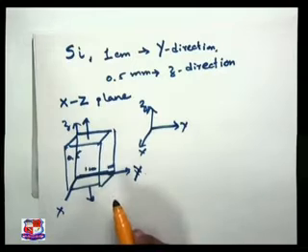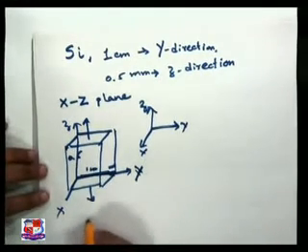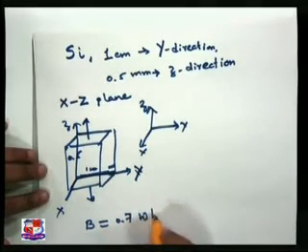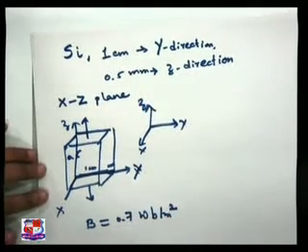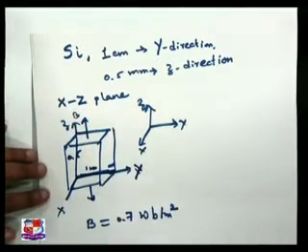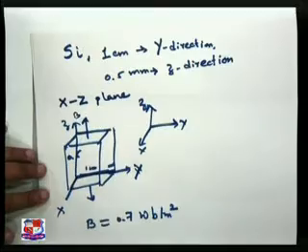They are also saying that the magnetic field flux density is 0.7 Weber per meter square in z direction. So this is the magnetic field direction, and you have to decide which is width and which is thickness.